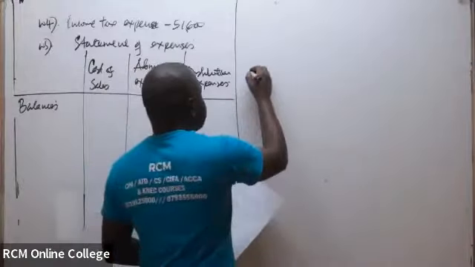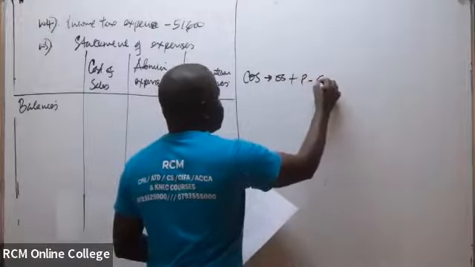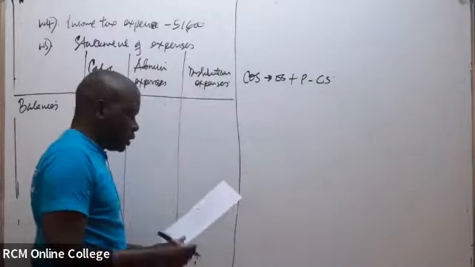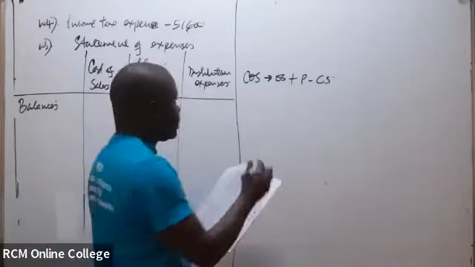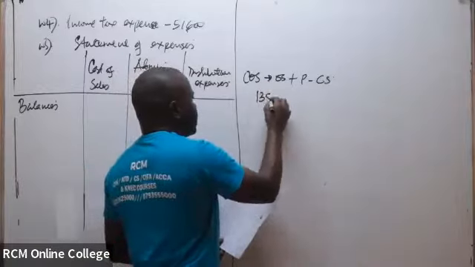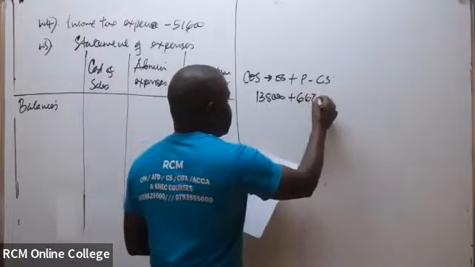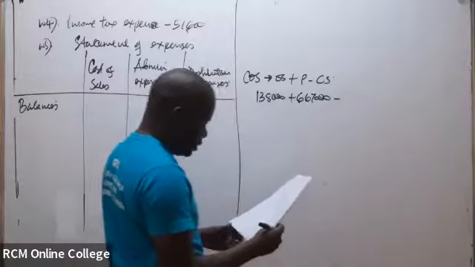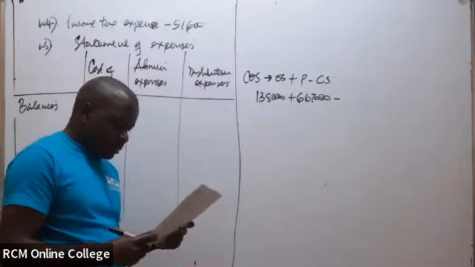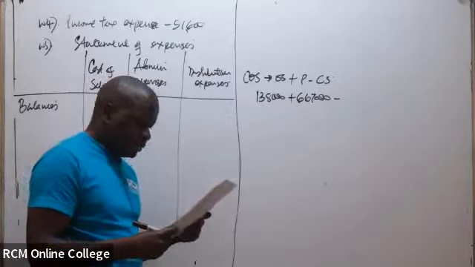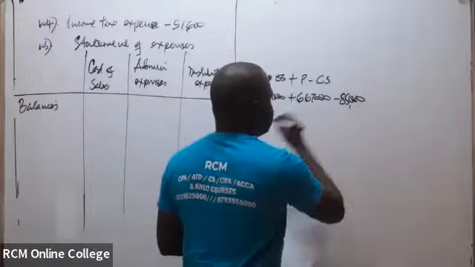So for the cost of sales, we'll have the opening stock plus purchases minus the closing stock. The opening inventory is what you can see in the trial balance, an amount of 138,000. You add the purchases, which is 667,000. Then we less what you've been given as the closing inventory in additional information number 5, which is 85 million.